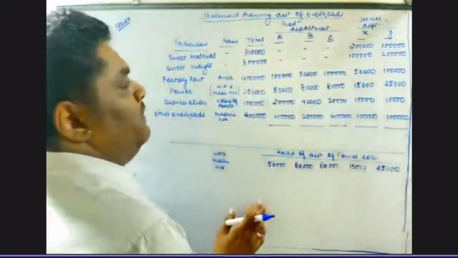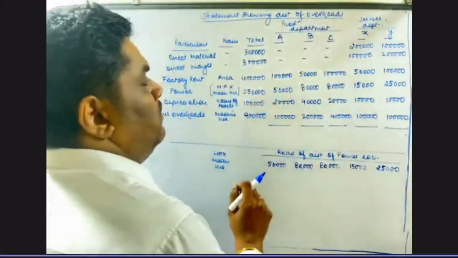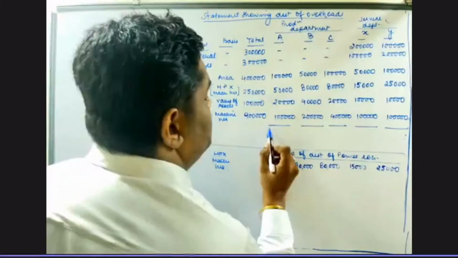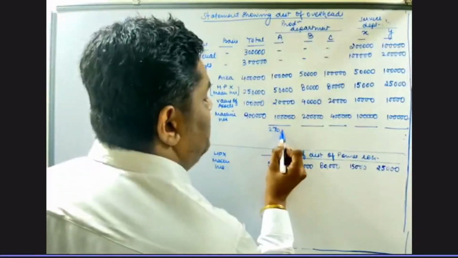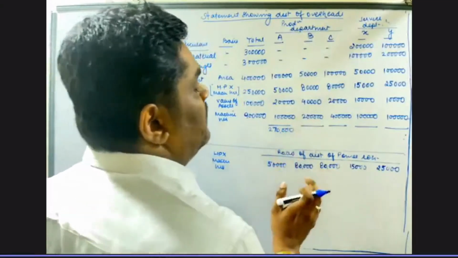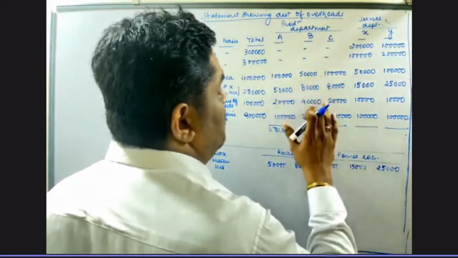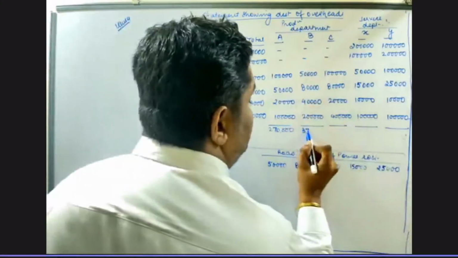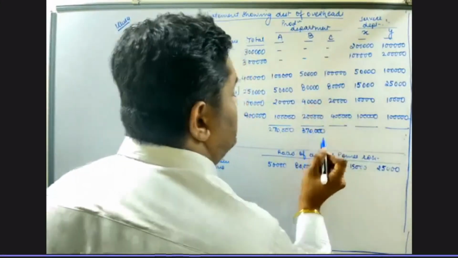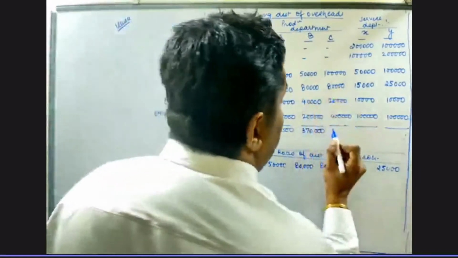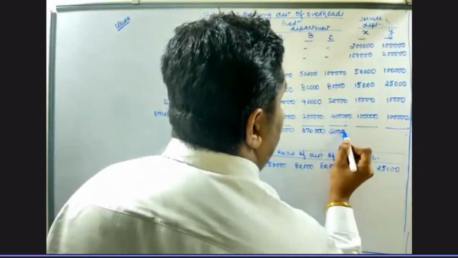So the total will be 2,70,000. This will be 3,70,000. This will be 6 lakh.